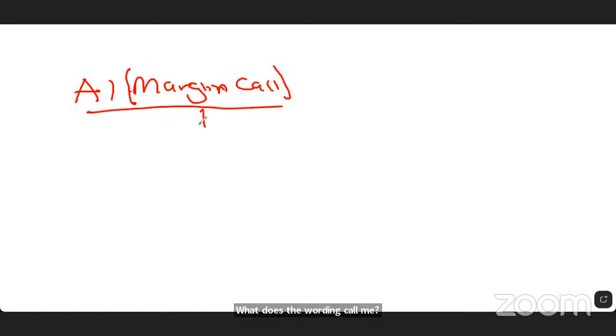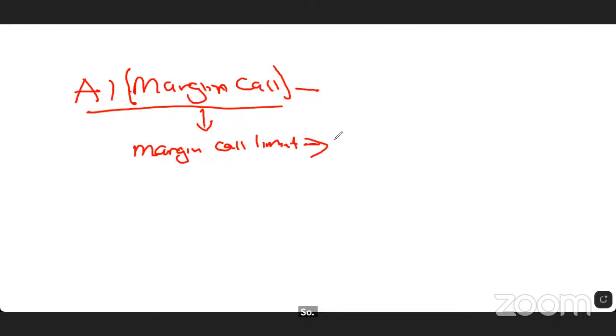This takes us to three terminologies. It takes us to what we call margin call limit. So, margin call limit is the number of times you want your robot to go in the market. I want my robot to go in the market 50 times.